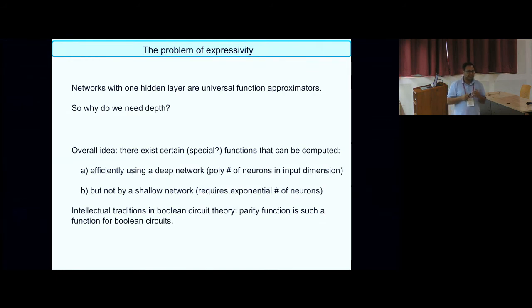And this idea has intellectual traditions in Boolean circuit theory. For example, when you're constructing Boolean circuits, there's a notion of logical depth, as to how many Boolean elements, say AND gates, OR gates, you have to compose to compute the function. And the parity function is such a function for Boolean circuits. If you allow a decent logical depth, you can do it efficiently, but not if you don't. Okay.